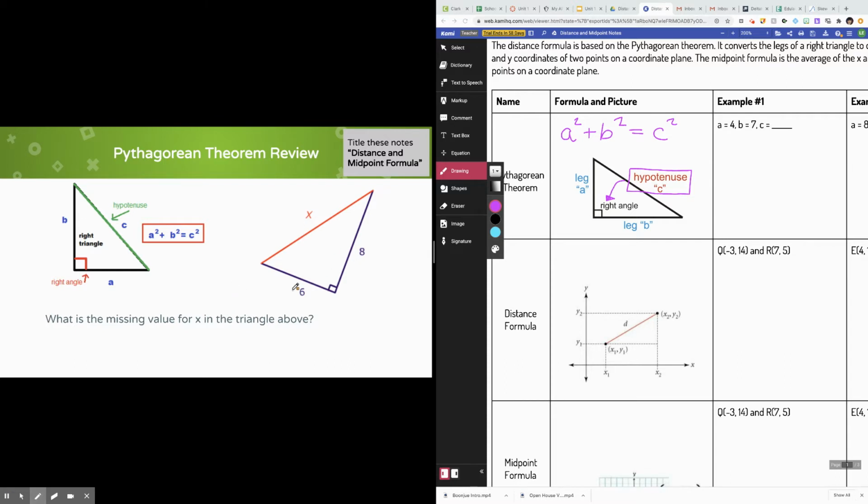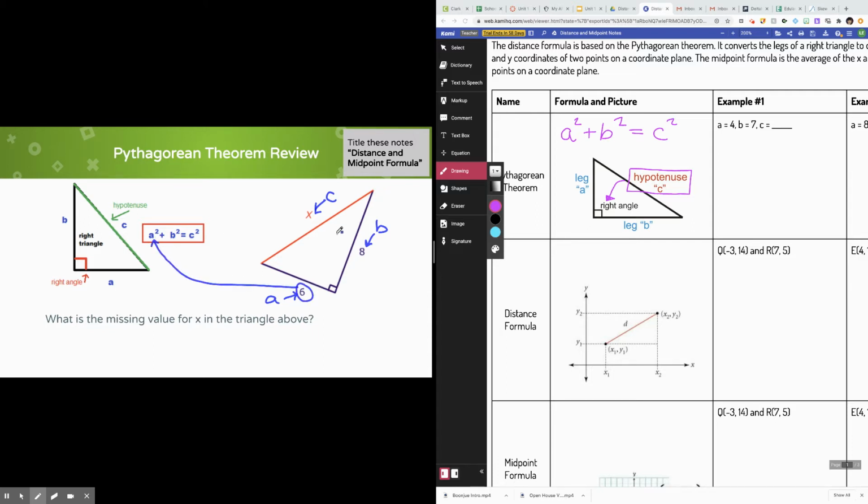If we were to label this, I would call x C. Then I would call one of my legs A and the other leg B. Like I said, it really doesn't matter. Typically, we choose the smallest leg for A and the next smallest for B, but you could switch them.